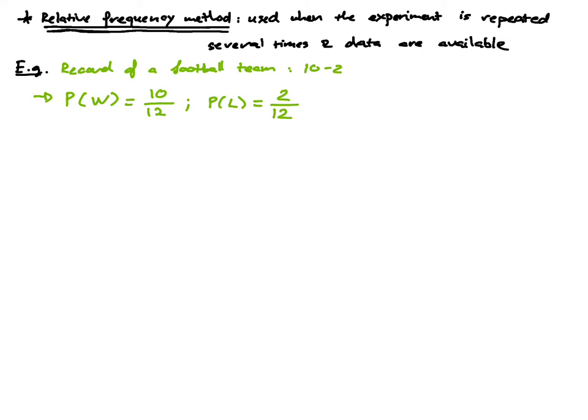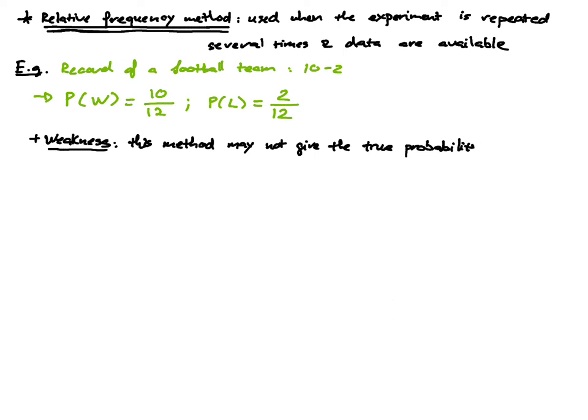Now there's an inherent weakness to this method. And the weakness is that this method may not give us the true probability of an event. Okay, what do I mean by this? Let's consider an example.